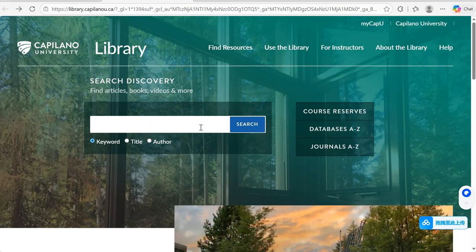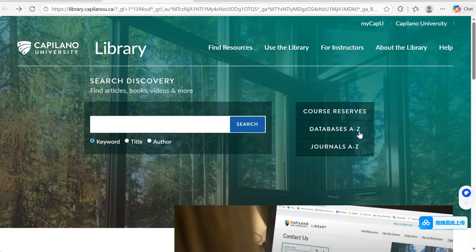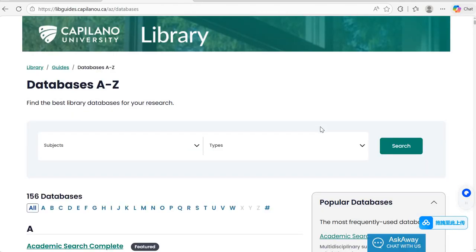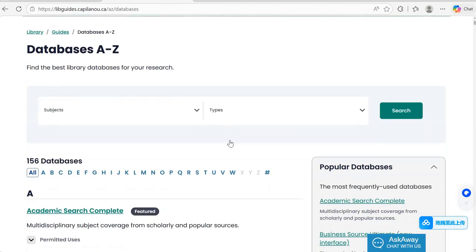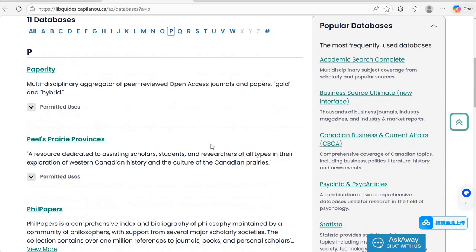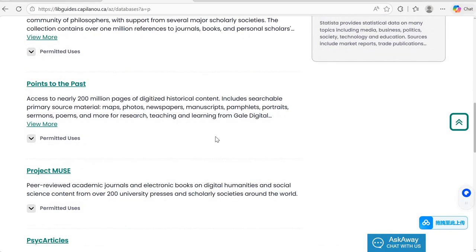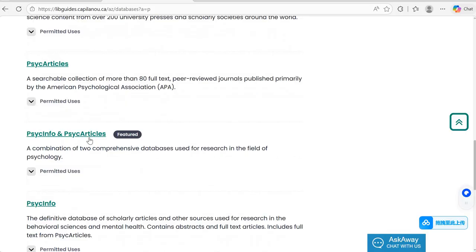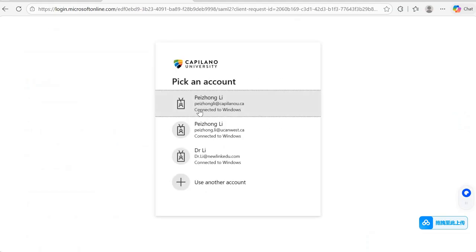This search will not give you precise information, and will give you a lot of irrelevant information. You want to search the psychology literature. You want to use the psychology database. Let's use PsycInfo and PsycArticles. Or you have to log in.